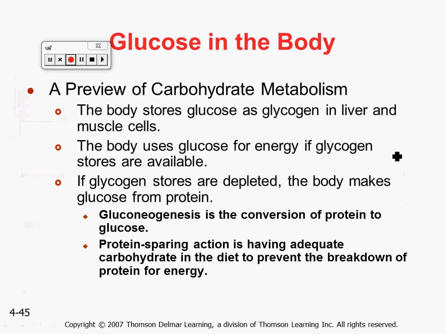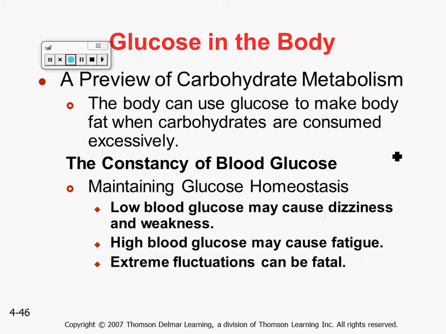So we said the process of breaking apart proteins and using the amino acids from proteins to make glucose is called what? Gluconeogenesis, the creation of glucose from a non-carb source. Okay? And again, this is like someone on a high-protein diet, for example. It can also be used, we see this sometimes with diabetic patients.